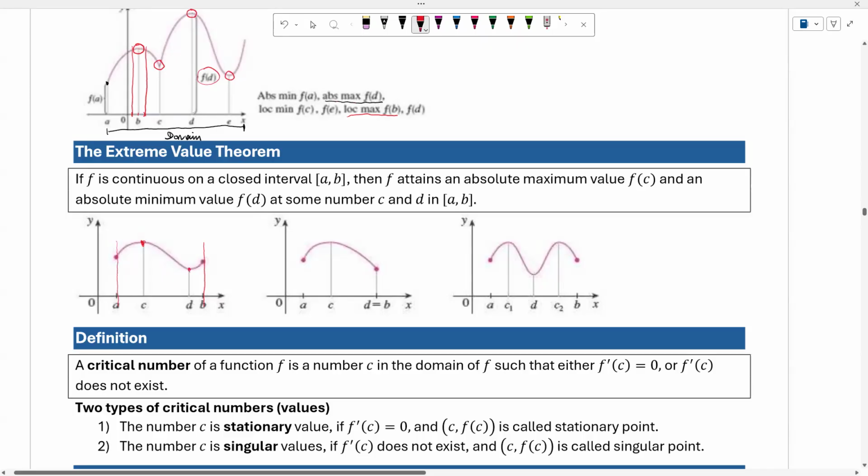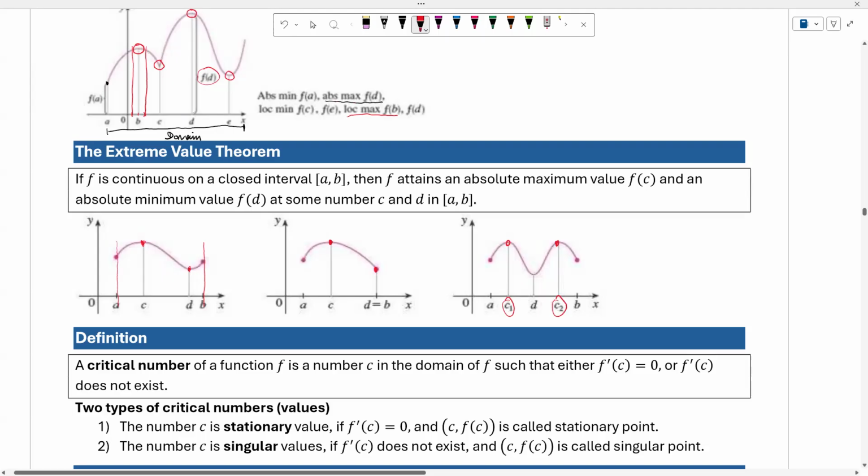Just look at the first example. This is my absolute maximum. This is my absolute minimum. And in this other case, this is my absolute max and this is my absolute min. Sometimes you may have the same value of the absolute maximum at different inputs. That happens too.